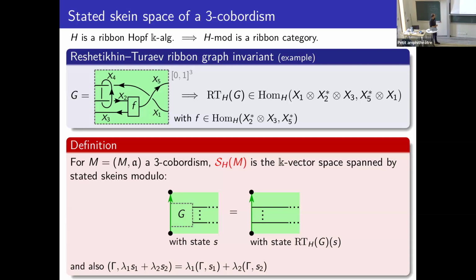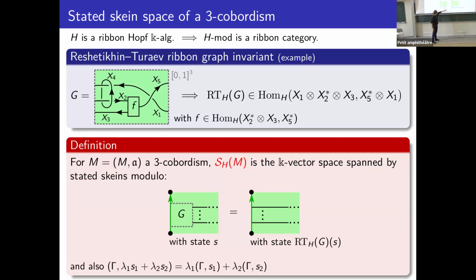And you put some relations, and the relations are given by the Reshetikhin-Turaev functor in the neighborhood of the boundary arc, okay? So here, if you are in the neighborhood of the boundary arc like this, then in general you will see some strands arriving, and close to the boundary you can have some interaction between these strands, maybe a crossing, maybe some twist, etc. Okay, and then also you have a state S, and you say, okay, I can erase this ribbon graph, but then I have to change the state.